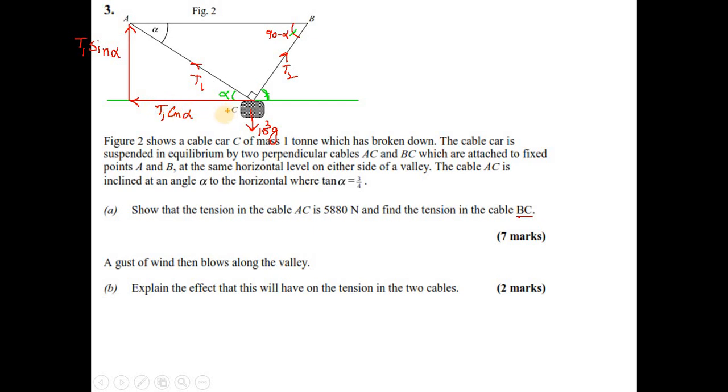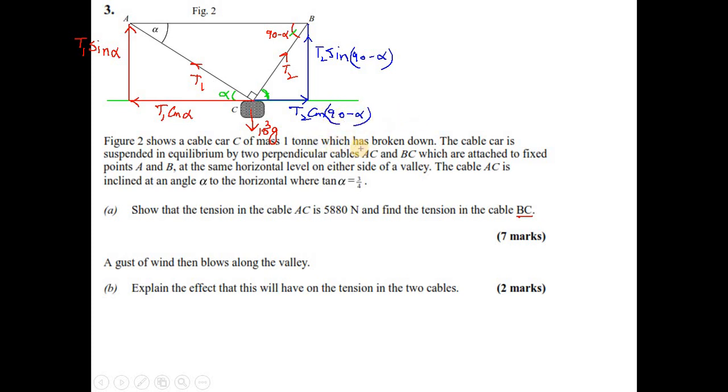Similarly, you can resolve T2 into its components, something like this and this, and then it is, sorry, T2 sine 90 minus alpha, and this one is T2 cos 90 minus alpha.